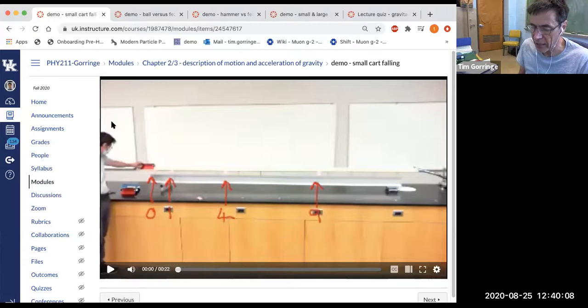And like Galileo, I'm going to let an object, this little red cart, fall towards Earth, not straight down, but along a slope, gliding along a slope. And so that's what I've got in this video. If I can point it out, here's the cart, which I'll release. Here's the slope. It's going to fall down.